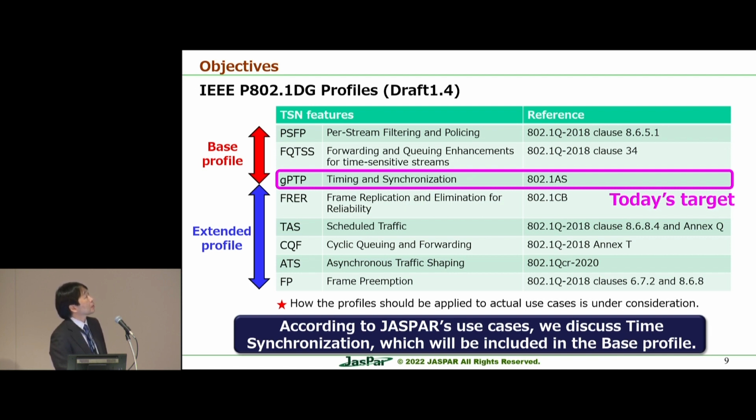The base profile covers an essential set of TSN tools that are required in various use cases, such as infotainment, ADAS, and security. In other words, the TSN base profile includes 3 TSN features: PSFP, FQTSS, and gPTP. Today, the time is limited, so we'd like to discuss time synchronization according to JASPAR's use cases.